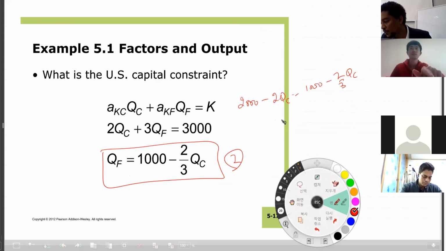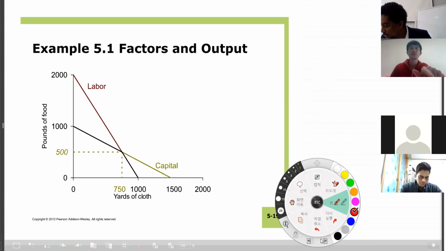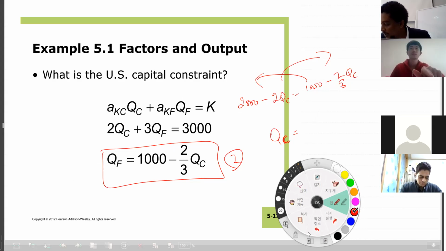So you can compute QC from here, right? Take this to this side, then you can find QC. So once you find QC, for example, you find 750, right? Once you find 750 as QC, then substitute 750 here: 1,000 minus 2/3 times 750.